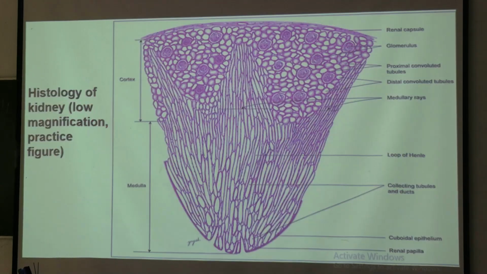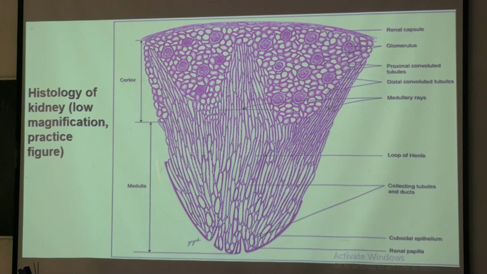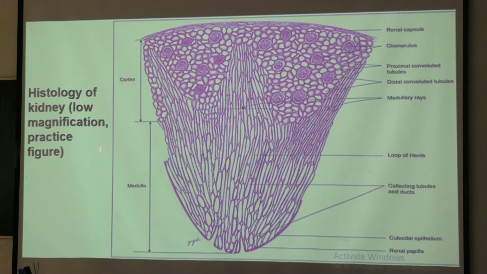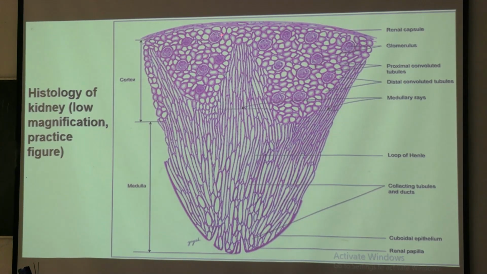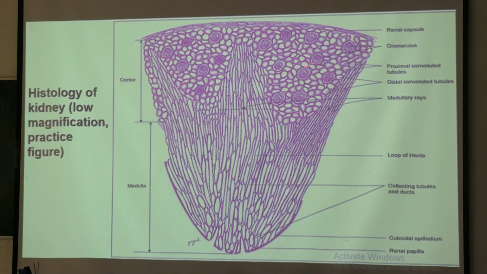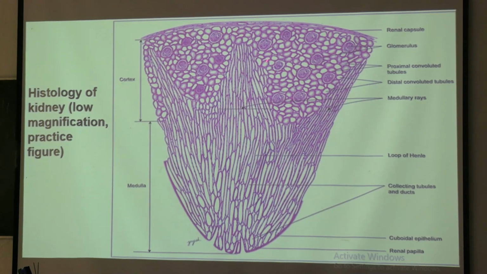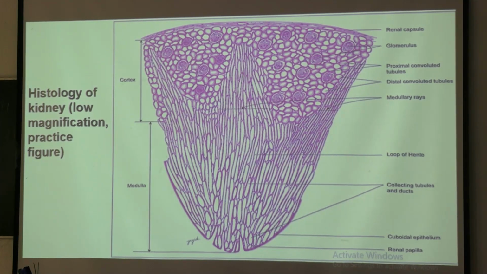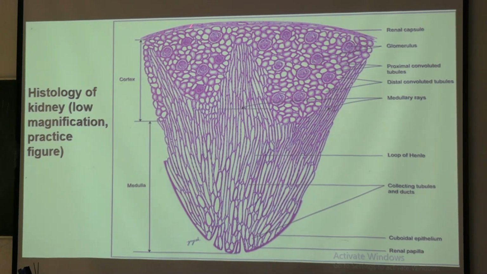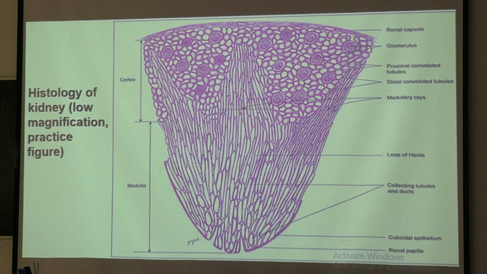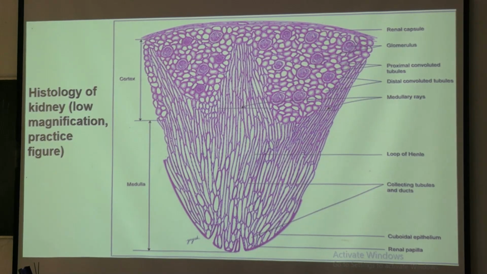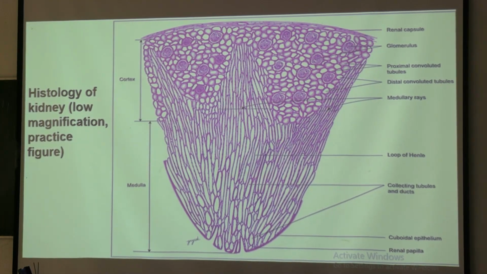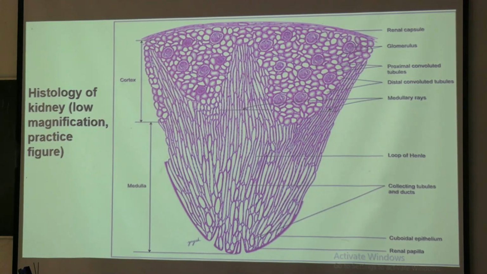Okay. See here, this is a histological section of kidney in low magnification. Like this you will see under the microscope. See these rounded structures, these are the glomerular tufts. The white space around the glomerular tuft is known as Bowman's space. And the small rounded structures around the glomerulus are sections of proximal convoluted tubule and distal convoluted tubule.